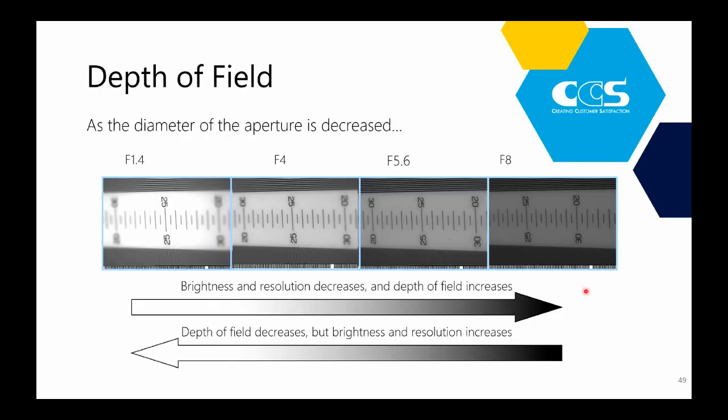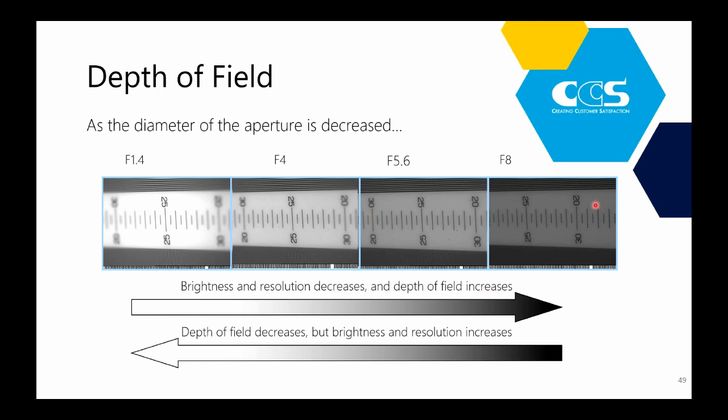So this is what I talked about in the beginning with considerations of depth of field. As the diameter of the aperture is decreased, the brightness and resolution change. My brightness and resolution decrease, but my depth of field increases.